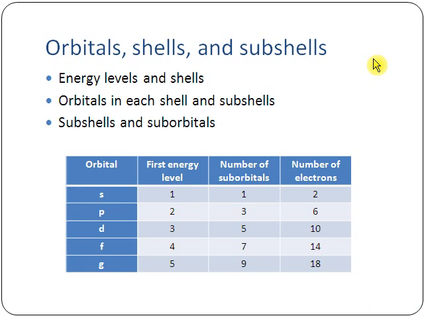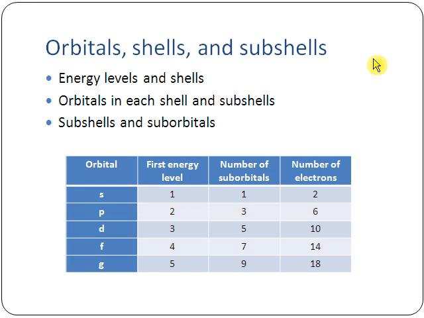I'm sorry, I was a step ahead of myself there. The shells are the energy levels. So you have the first shell, the second shell, the third shell. Those are the same as the energy levels. Subshells are the 1s, the 2s, the 2p, like that. So in the second energy level or second shell, there is a 2s subshell and a 2p subshell. I'm sorry about that. So that's how that's going to set up right there.